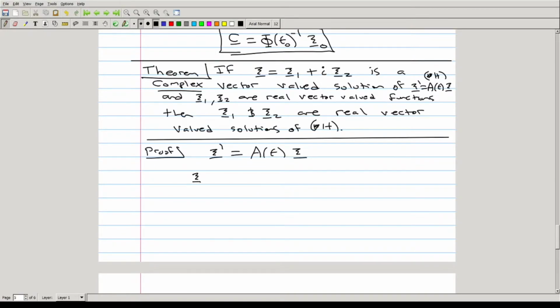So this will be xi1 prime plus I times xi2 prime, where I is the imaginary unit. And A of T times xi will be the matrix A of T times xi1 plus I times xi2.